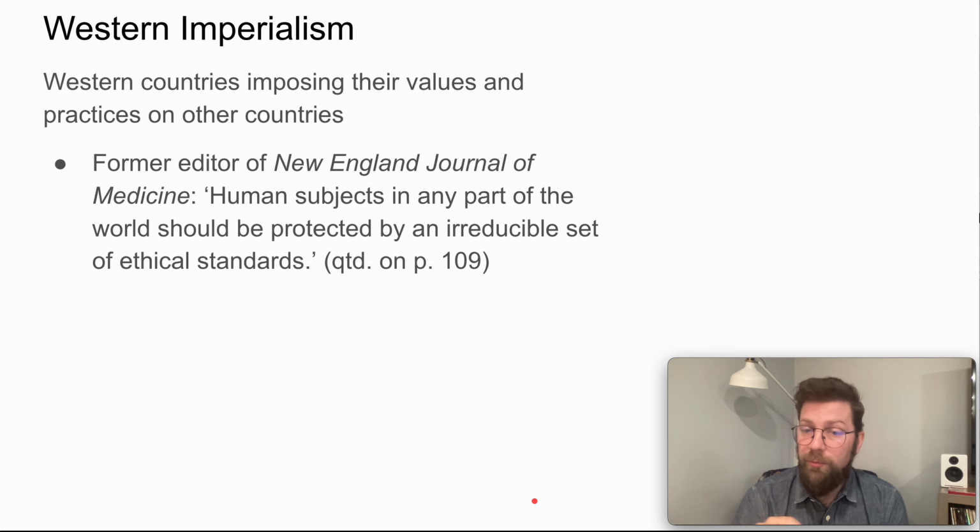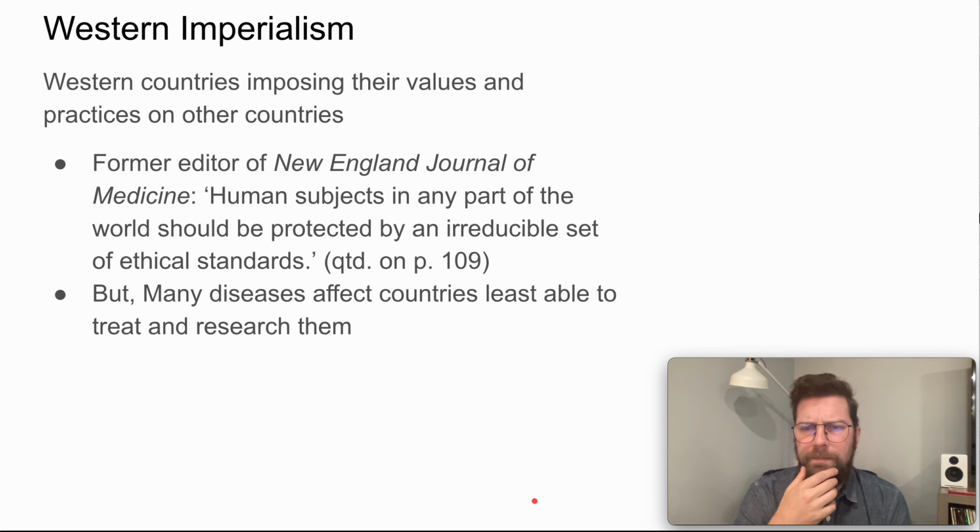When we start to think about what these ethical rules might be, like beneficence and non-maleficence and respect for patient autonomy, we might worry that we're trying to treat local values as universal values. That's a big way in which the problem emerges. But we have this charge of imperialism.